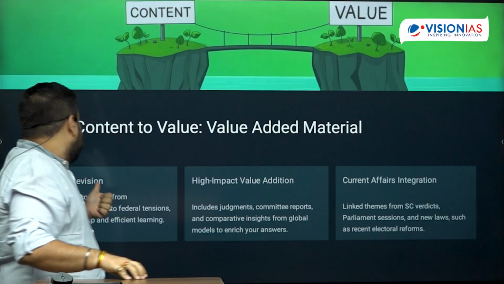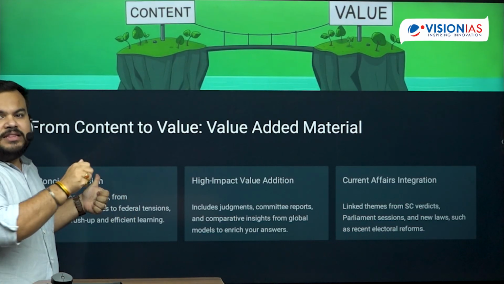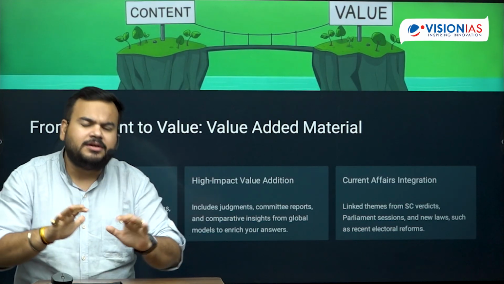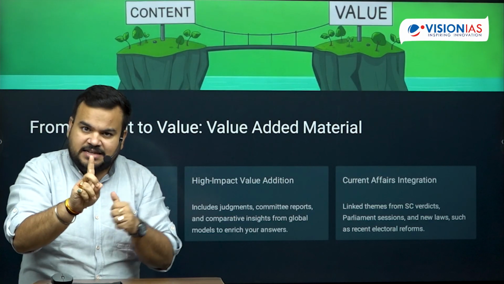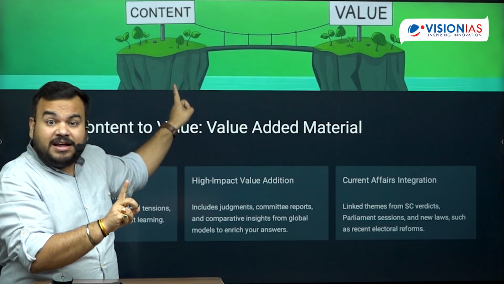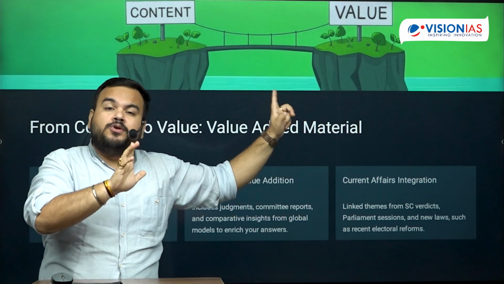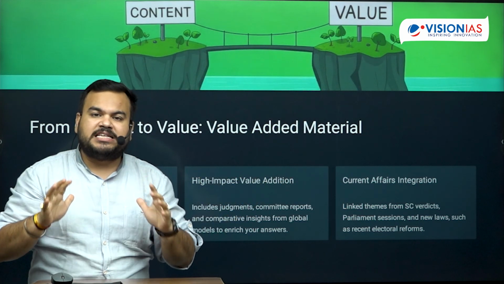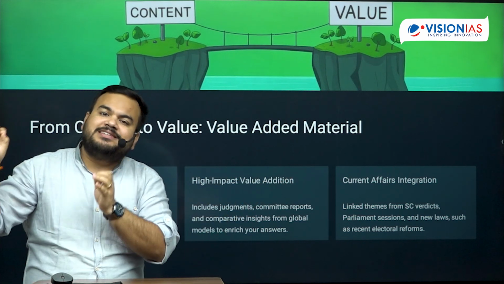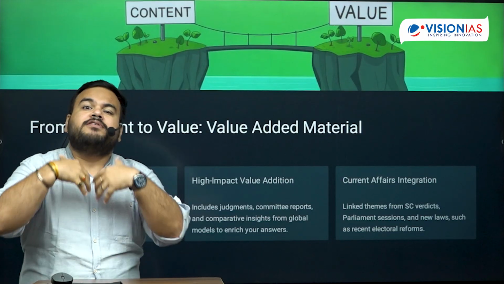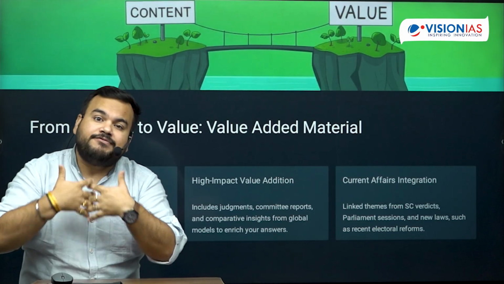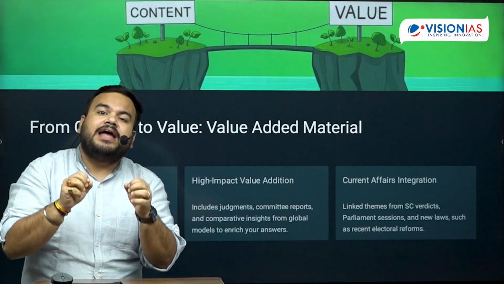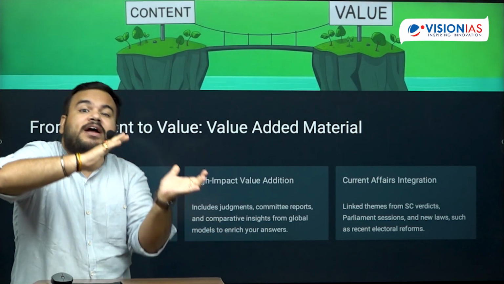So number one, concise revision, where in this booklet we have not discussed everything in detail, because as I discussed, content we have, we need a value addition to it. So looking at the trend of questions which have been asked by the examination since the last 11 years, we have put down certain important areas and high frequency question areas, and we have given a value addition to it.